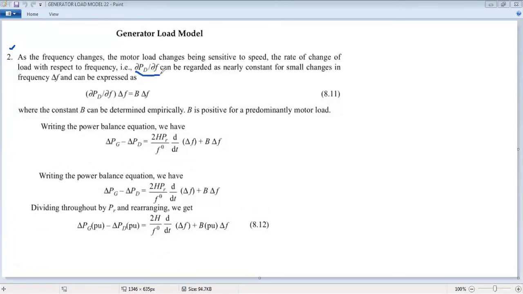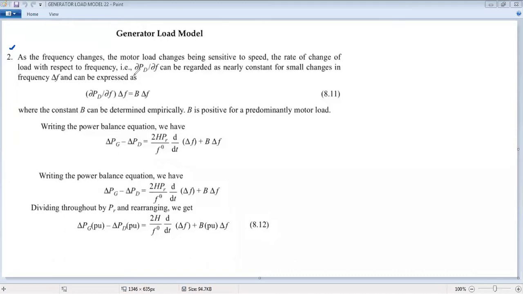So if the load changes, the frequency changes, and if the frequency changes, then the motor load changes. We are talking about the surplus power, and the surplus power can be absorbed in the system in two ways.